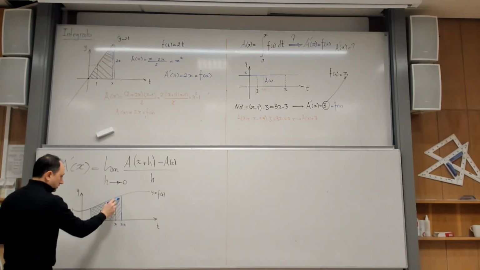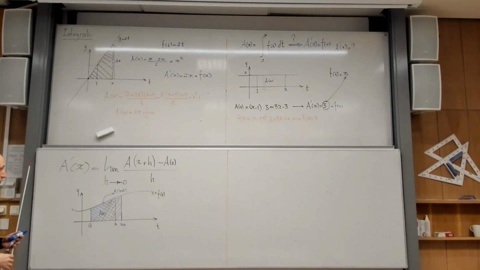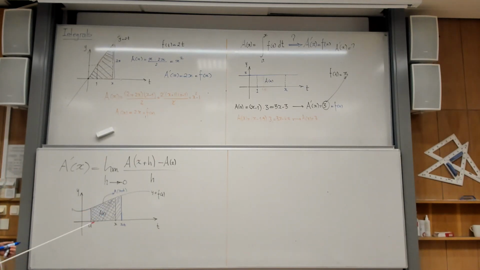Here. So every blue one is A of x plus h. And now does everyone agree, if I subtract these two areas, the blue ones minus the black ones, what is that?